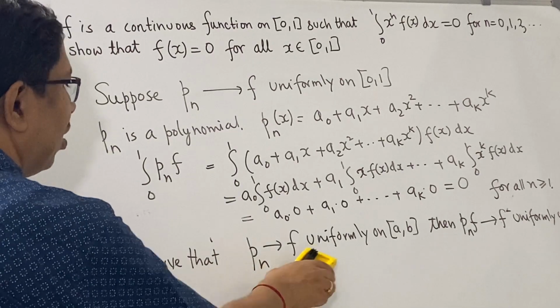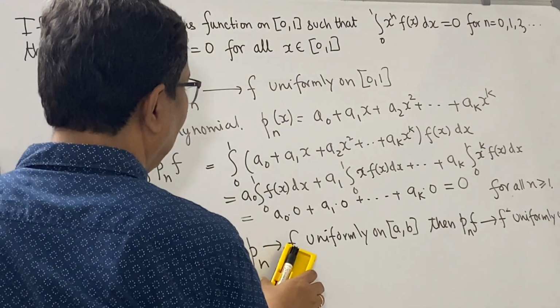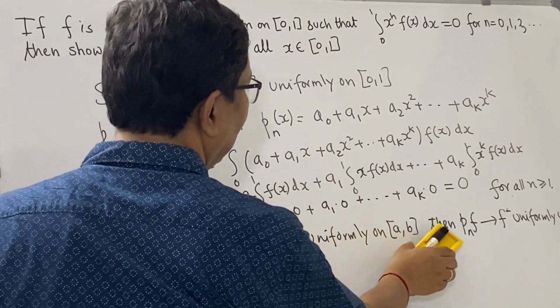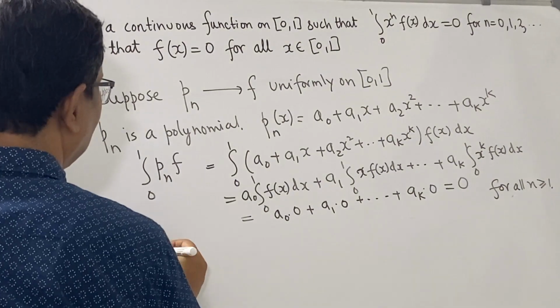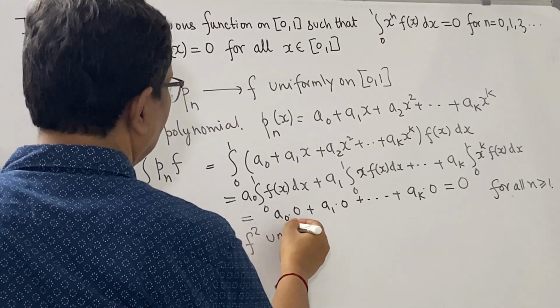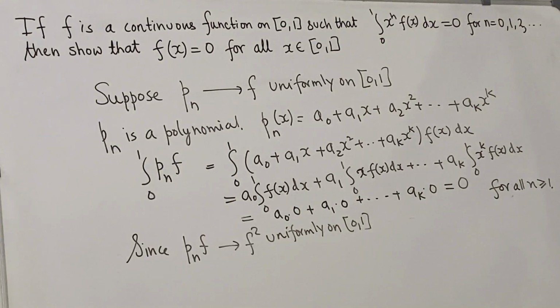Now, we will use this result. So, let us remember this result, that if P_n converges to f uniformly on a closed interval, then P_n f converges to f squared uniformly on the closed interval [0, 1]. So, since P_n f converges to f squared uniformly on [0, 1], the integral must also converge.